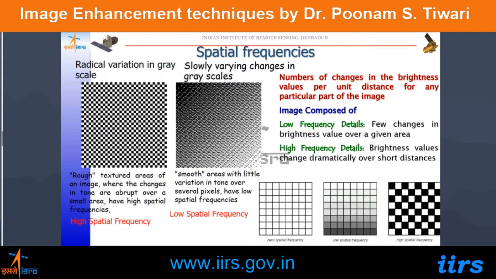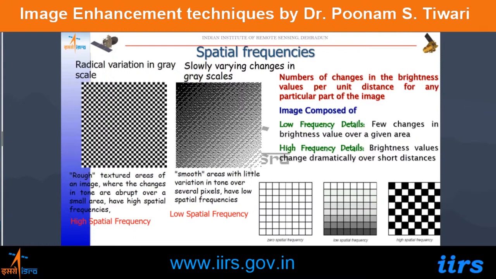And if the pixel values are changing, but changing slowly, then we say that the spatial frequency is low. So rough textured areas of the image, where the changes in tone are abrupt over a small area, are called high spatial frequency areas.